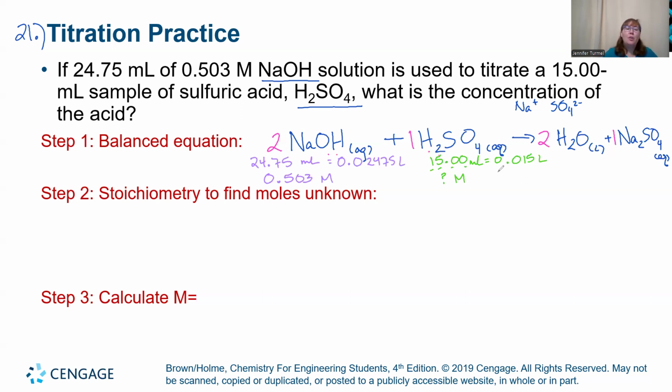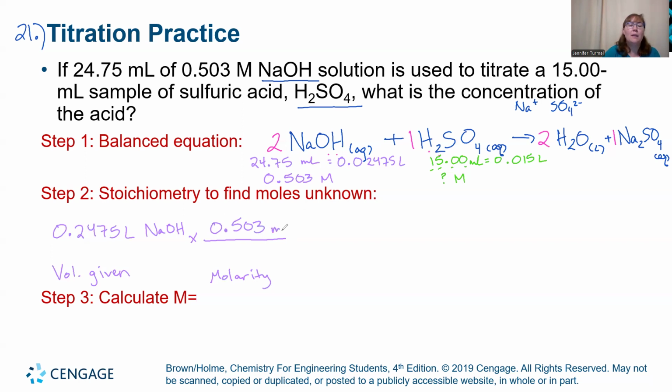So now I have these two steps. Stoichiometry step number 1 is to use the stoichiometry to find the moles of the unknown. Remember, we start that one with our volume in liters, and that's 0.02475 liters of NaOH. So that's the volume of my given in liters, of course. And now the next thing that I need is my molarity of my given, and that's going to be 0.503.